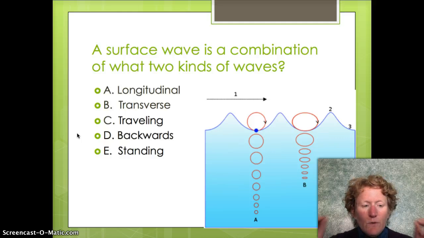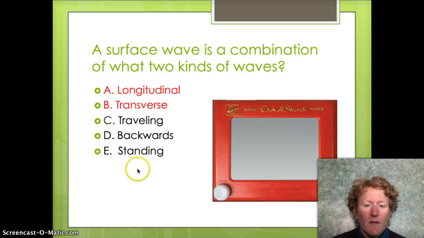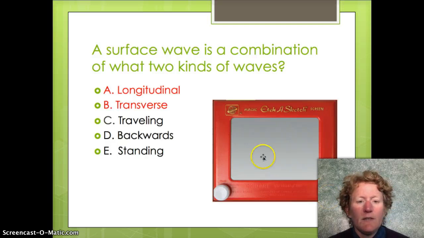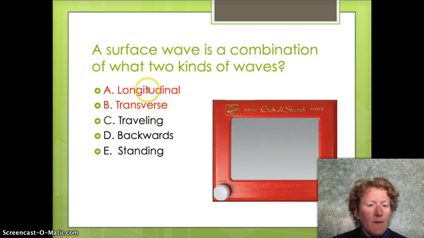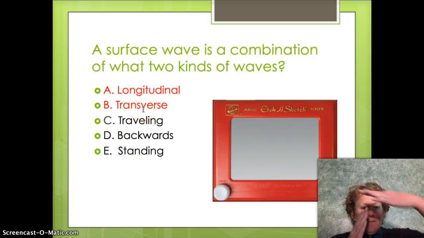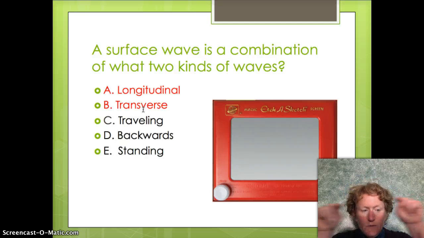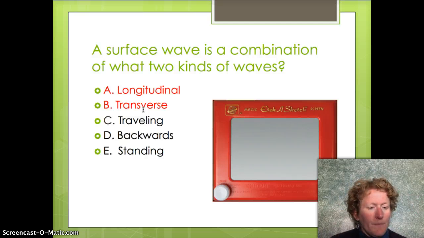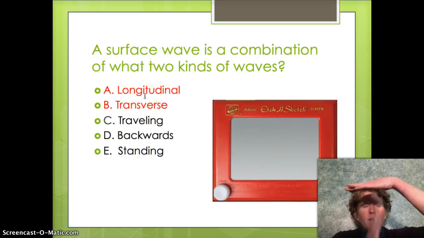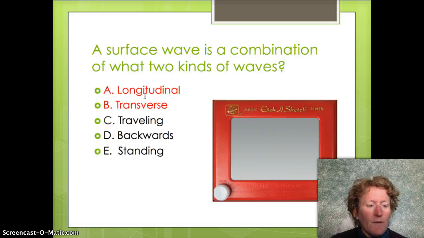You'd have to use the two different controls on an Etch-a-Sketch. I'll show you a picture of an Etch-a-Sketch. You would have to use the up and down control and the back and forth control to make a circle on an Etch-a-Sketch. And so it's the same kind of idea. You have to use a transverse wave where particles are moving perpendicular, and a longitudinal wave where the particles are moving back and forth. And if you put perpendicular up and down and back and forth together, you get circles.